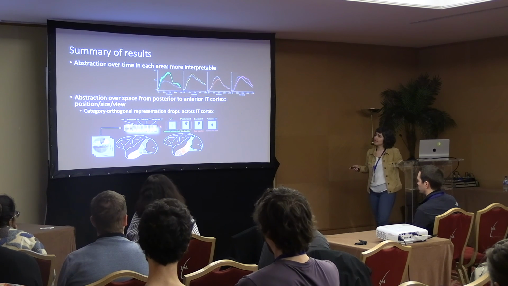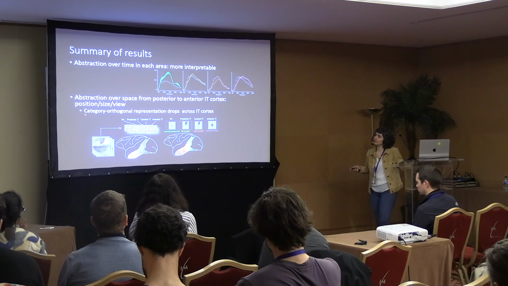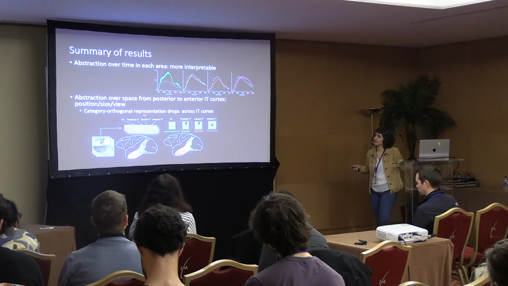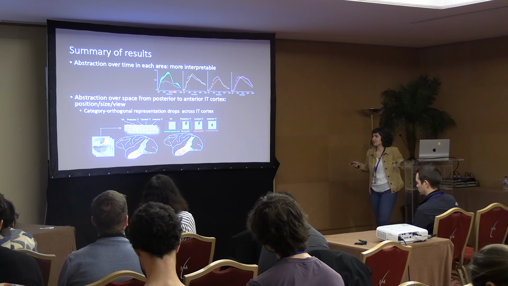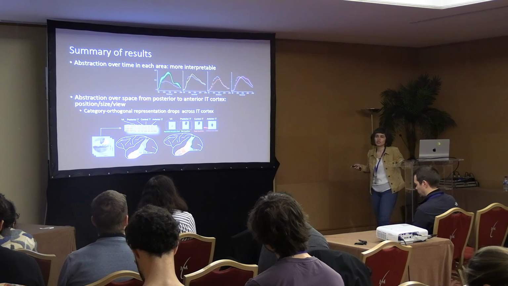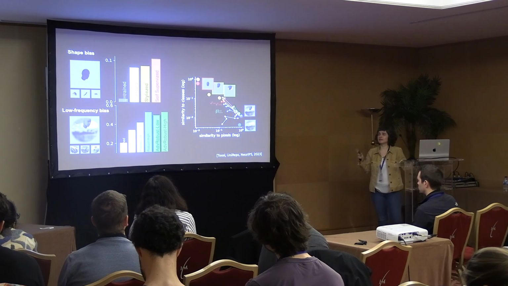One finding was that previous work showed that the category-orthogonal representation increases from early areas to IT, and it would have been assumed to continue all the way. But if we break down IT parts, we see this abstraction away, just like we saw for faces.